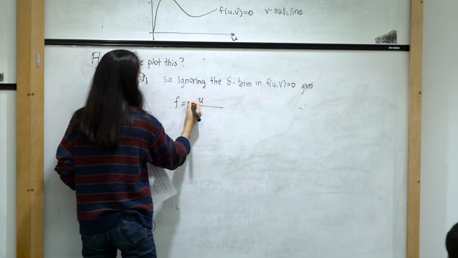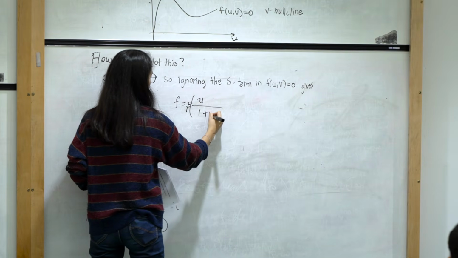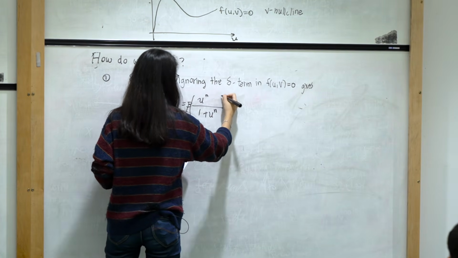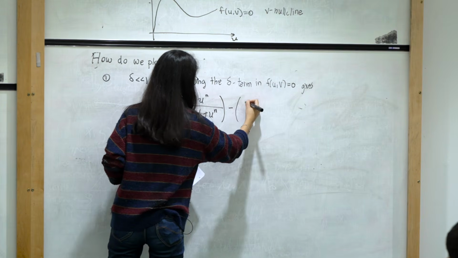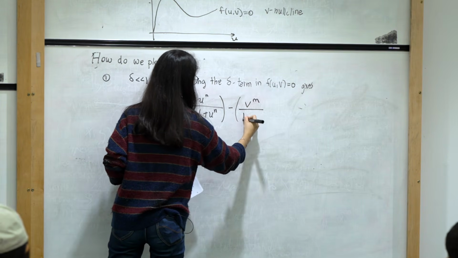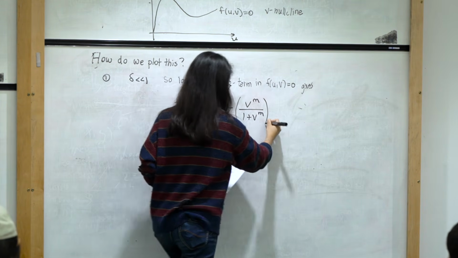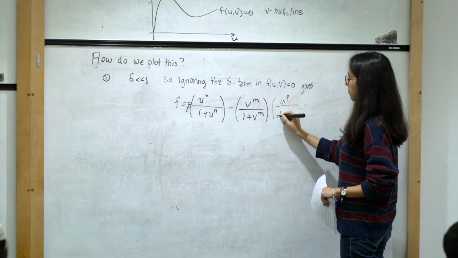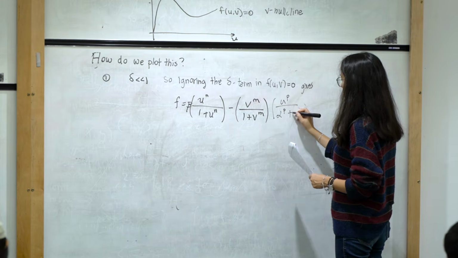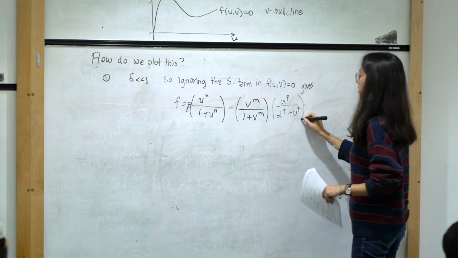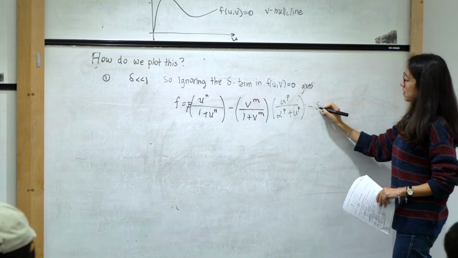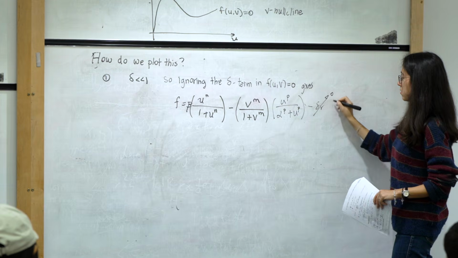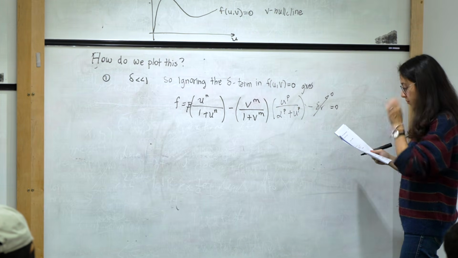So let me write it in exactly the same way. This was 1 plus u to the n, minus, and we had v to the m divided by 1 plus v to the m. And finally, u to the p divided by alpha to the p plus u to the p. I'm setting it to 0, and this is equal to 0.